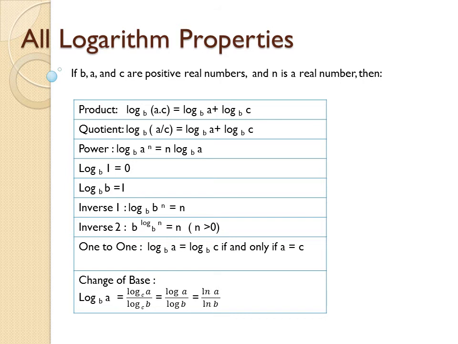Now log a to the base c means log a by log b, and if the base is e, then it can be ln a by ln b, or if the base is 10, it can be log a divided by log b. So these are all the formulas of logarithm. If you remember this, it can be easier for you in the joint entrance examination or in your board examination.